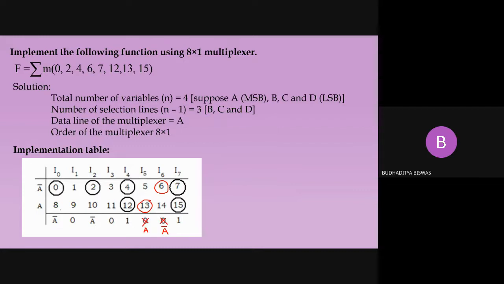You have to write down I0 equal to A bar. Are you listening? Has it been written? According to the correct one, not the old one, the correct one: I5 equal to A, I6 equal to A bar, I7 equal to 1.